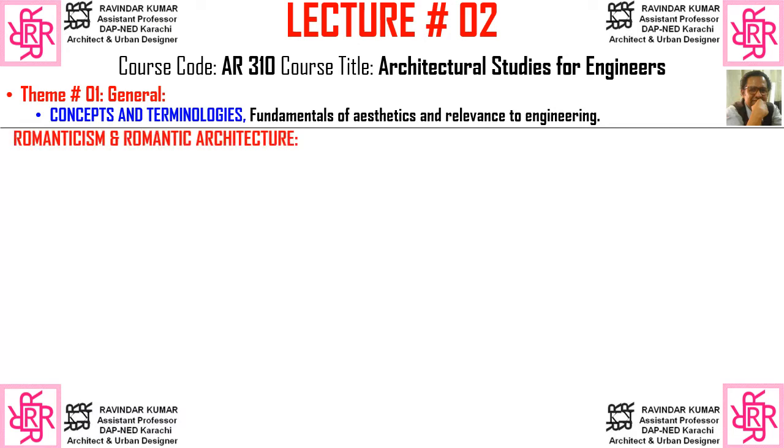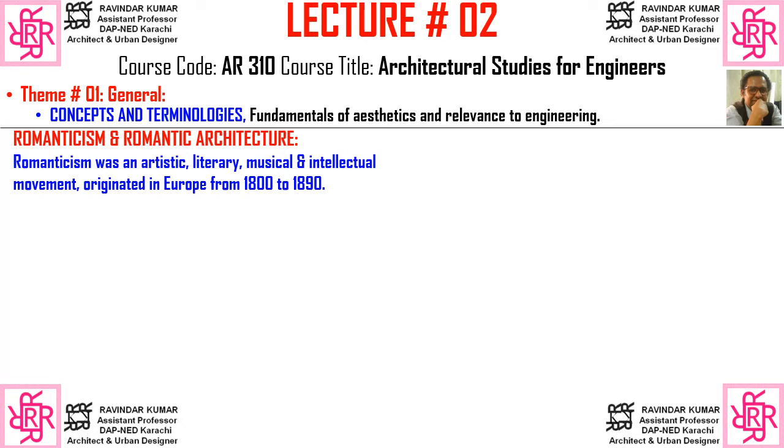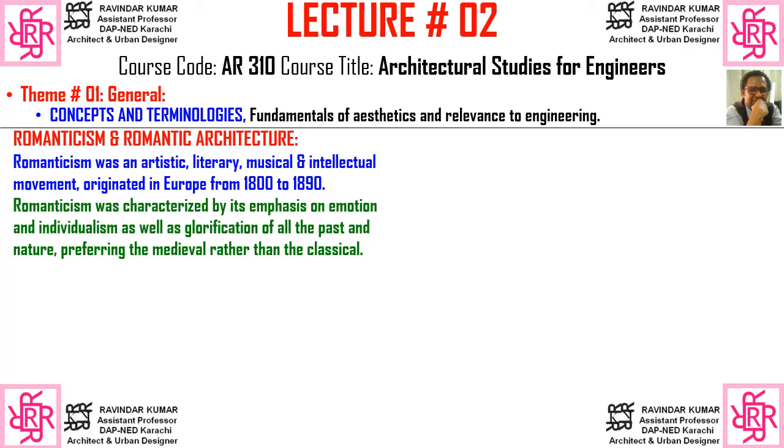Romanticism and Romantic architecture. Romanticism was an artistic, literary, musical, and intellectual movement that originated in Europe from 1800 to 1890. Romanticism was characterized by its emphasis on emotion and individualism, as well as glorification of the past and nature, preferring the medieval rather than the classical architecture.